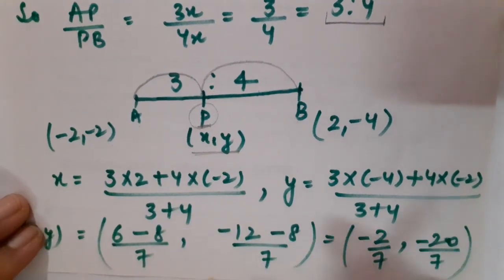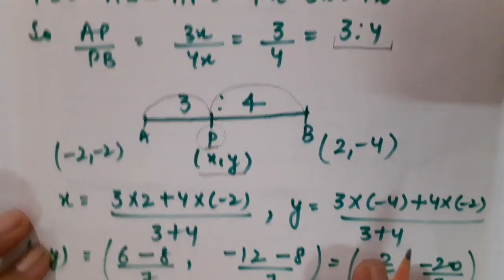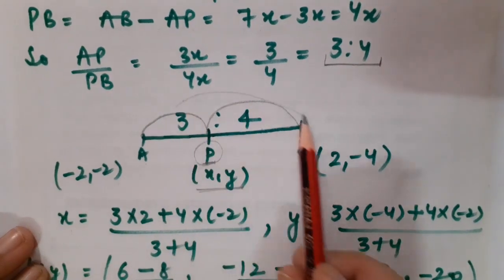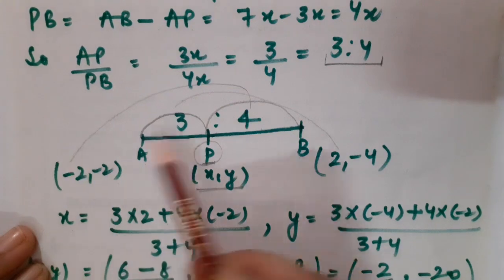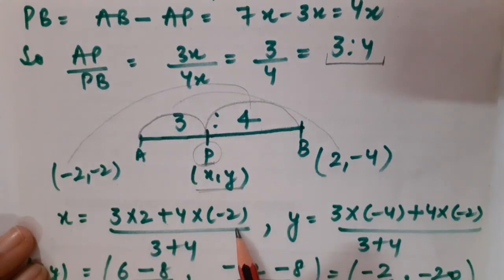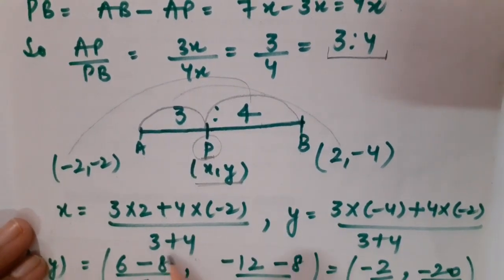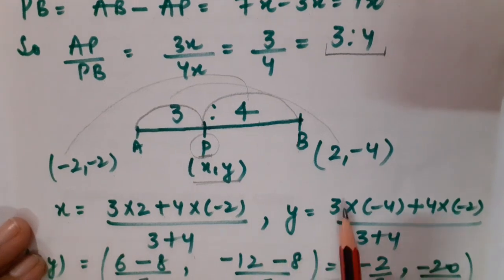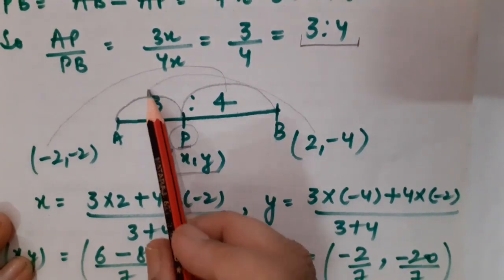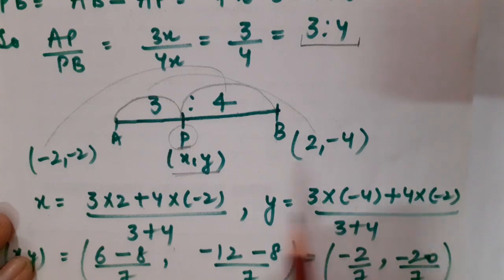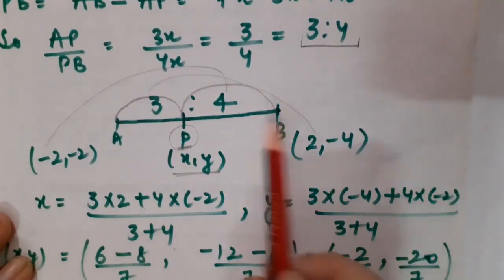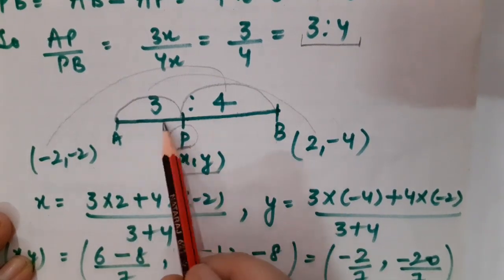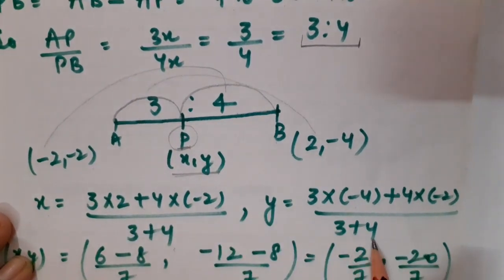Now apply the section formula. x is equal to M1 into x2, that is 3 into 2, plus M2 into x1, that is 4 into minus 2, upon the sum of the ratio, that is 3 plus 4. Comma, y is equal to 3 into minus 4 plus 4 into minus 2, that is M1 into y2 plus M2 into y1 upon the sum of the ratio, that is 3 plus 4 again.